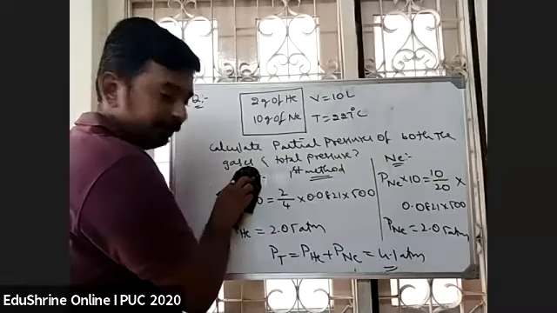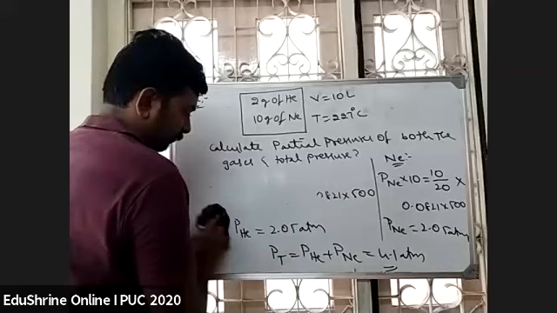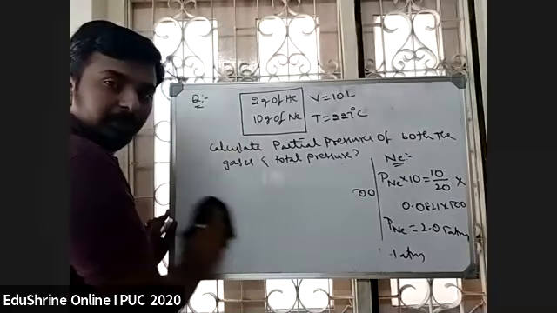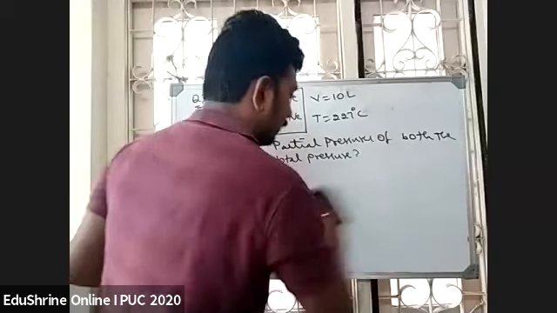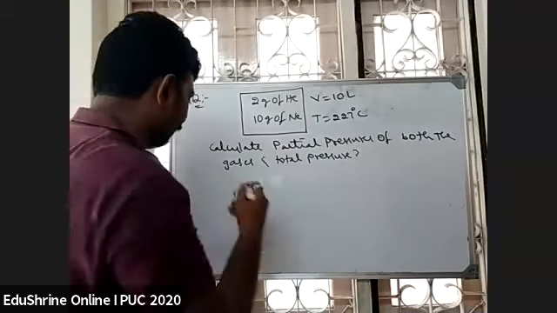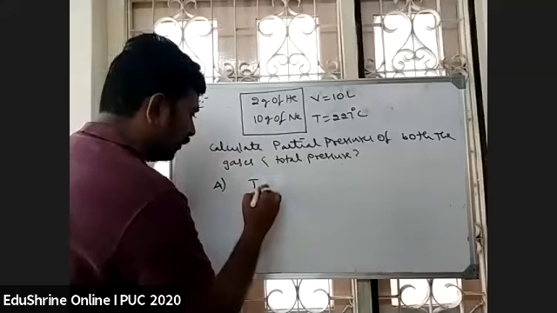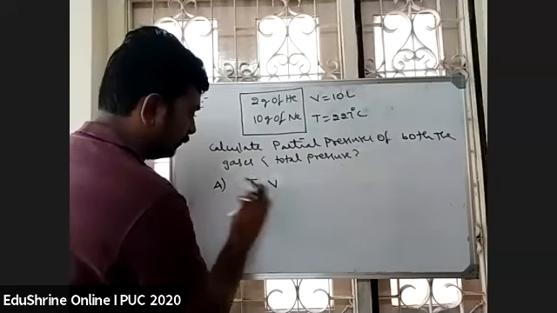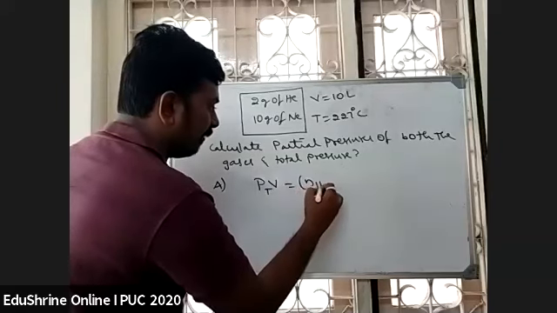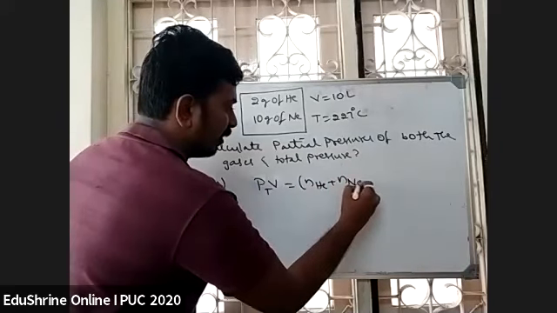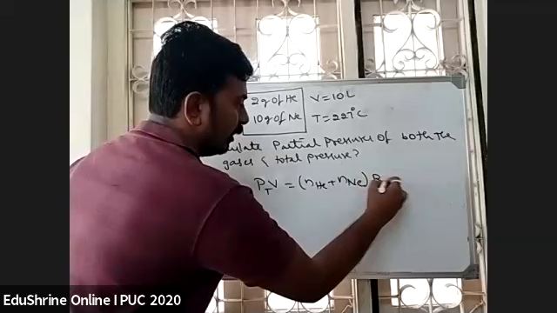I am erasing this one. Now first I will calculate the total pressure. So how will you calculate total pressure? Total pressure into V is equal to the number of moles of helium plus the number of moles of neon, into RT.